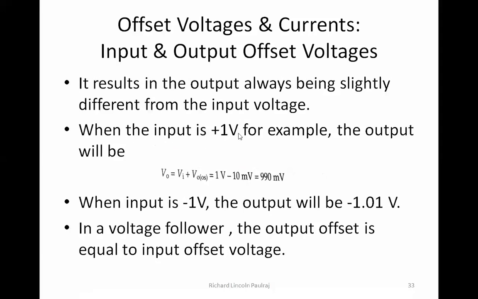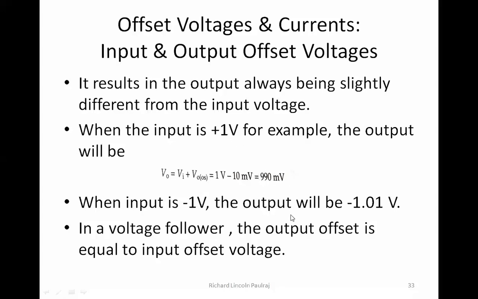So when there is a plus 1 volt, for example, how will I calculate the output? I'm bringing it in the form of a formula. V naught is equal to Vi plus the offset. So 1 volt, and minus 10 millivolts from before, which means my output voltage is going to be about 990 millivolts instead of 1 volt. On the input side I have 1 volt, but on the output side I'm getting about 990 millivolts.